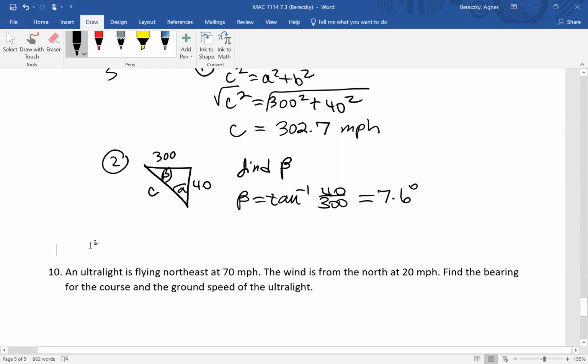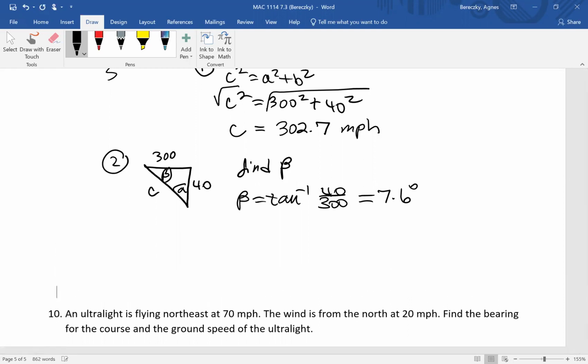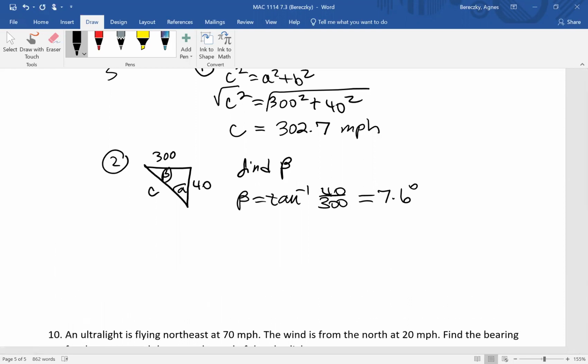That's going to be the drift. So the plane is, instead of completely going east, it's kind of drifting away since the wind is blowing at it. And then to find the bearing is, remember we always measure it from the north.